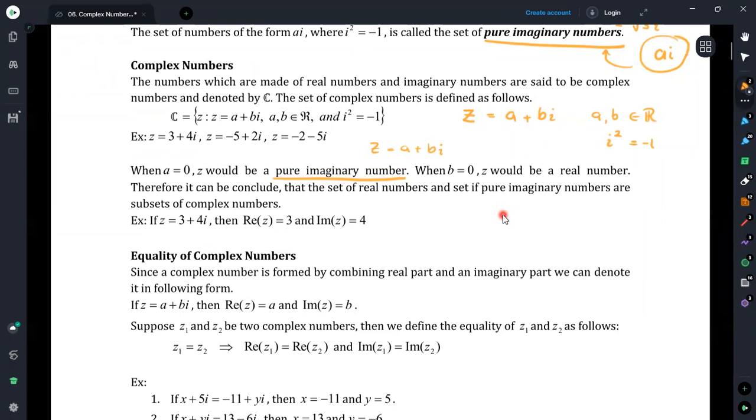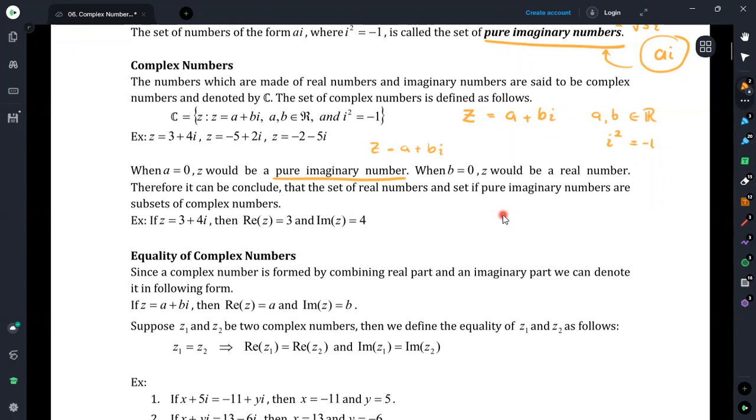But what will happen if B gets 0? If B gets 0, then this part becomes 0, and the only remaining part would be the value A. Therefore, the real part will be the only remaining part inside the complex number, and this complex number automatically becomes a real number.